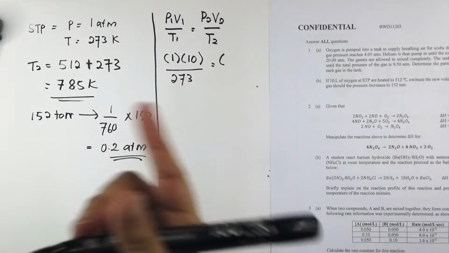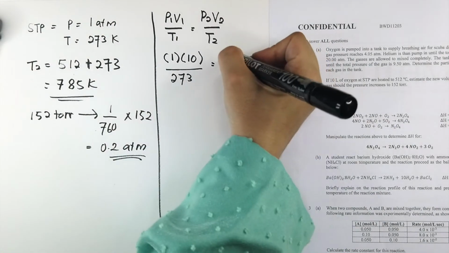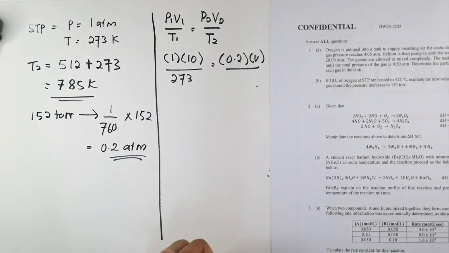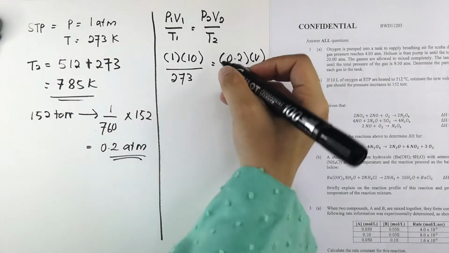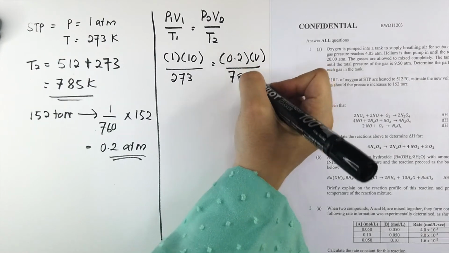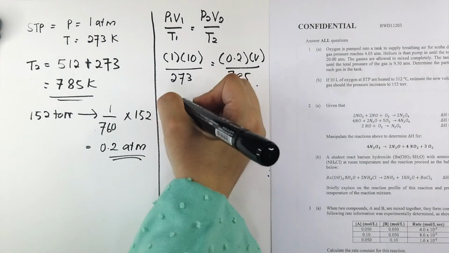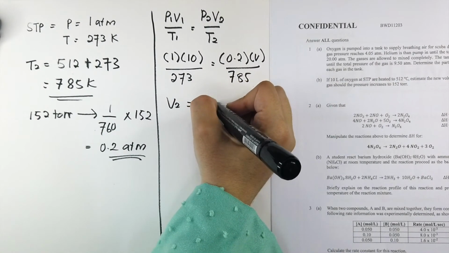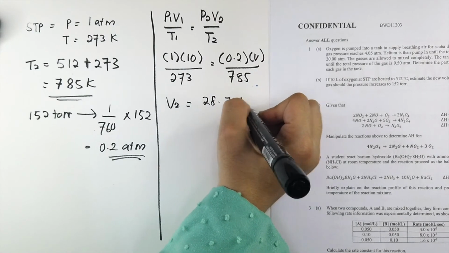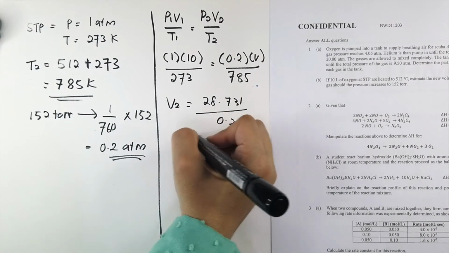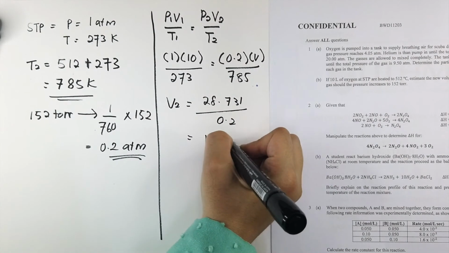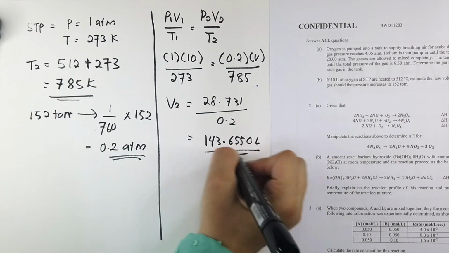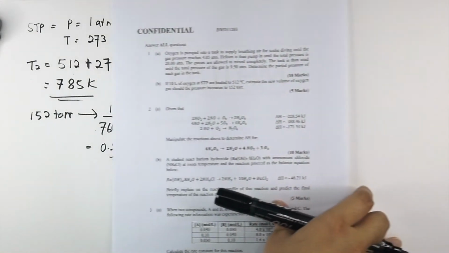The pressure here is 0.2. The volume is the one that you want to calculate, and the temperature is 785. So from here, V2 should be equivalent to 28.731 divided by 0.2, so you should get 143.6550 liters.